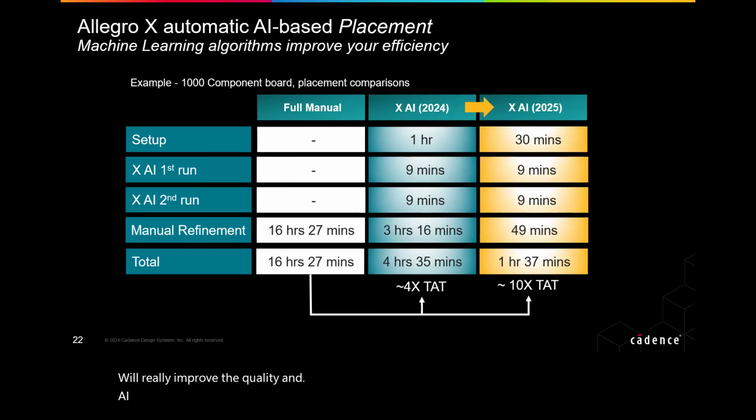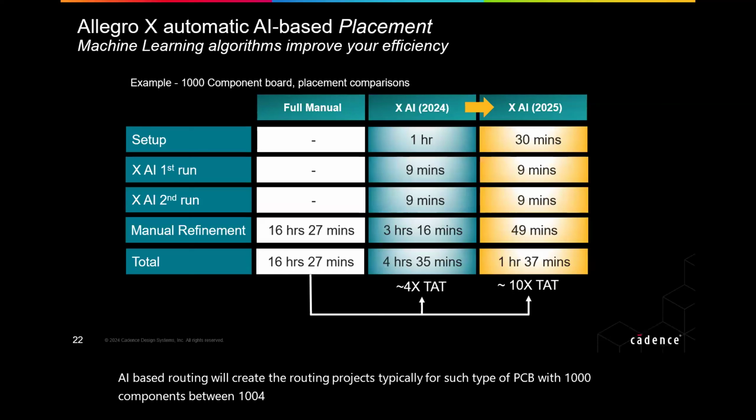AI-based routing will create the routing projects typically for such type of PCB with 1000 components, between 1000 and 4000 components. It could be a really very effective tool to cut your time for making a project.